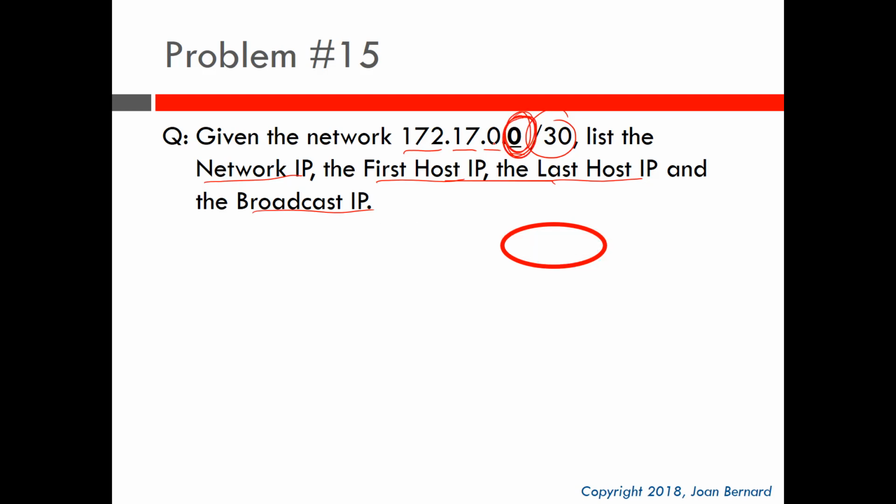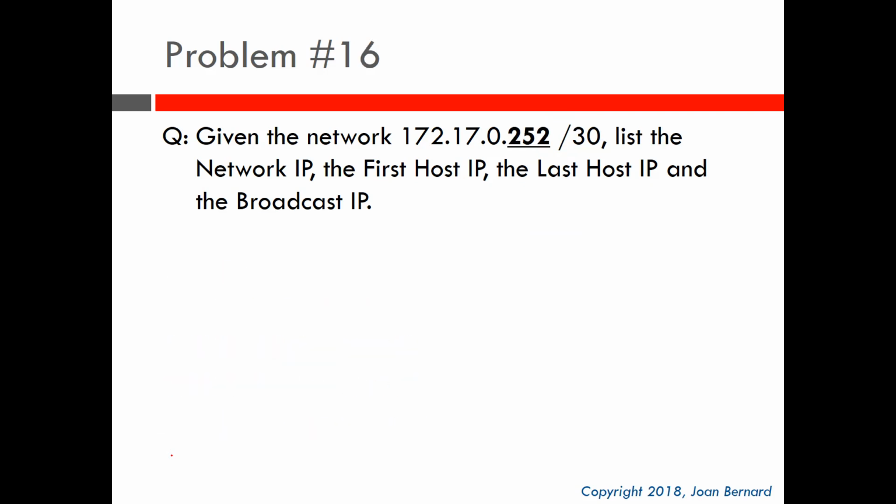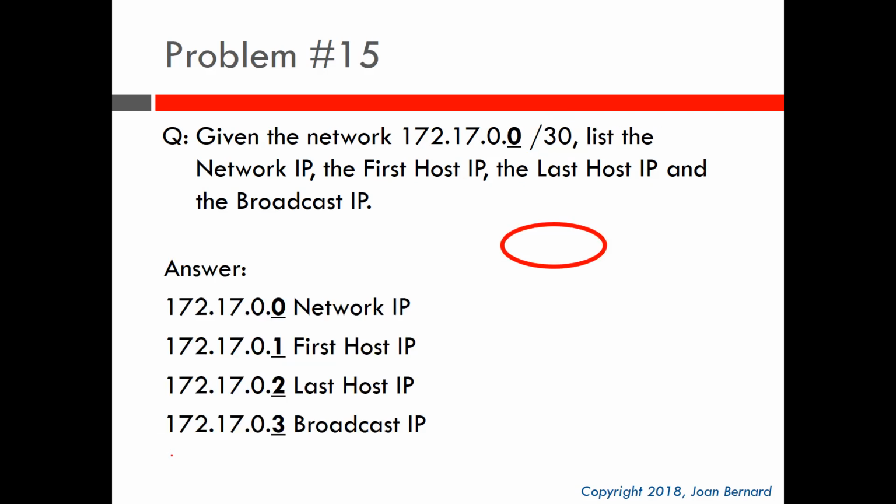So we basically find the answer by starting with the network. So the network IP is right there. That's given to us. Okay, add 1. There's the first one. Add the next one. There's the last host and the 4th IP. So 1, 2, 3, 4. 4 IP addresses that we're keeping track of here.